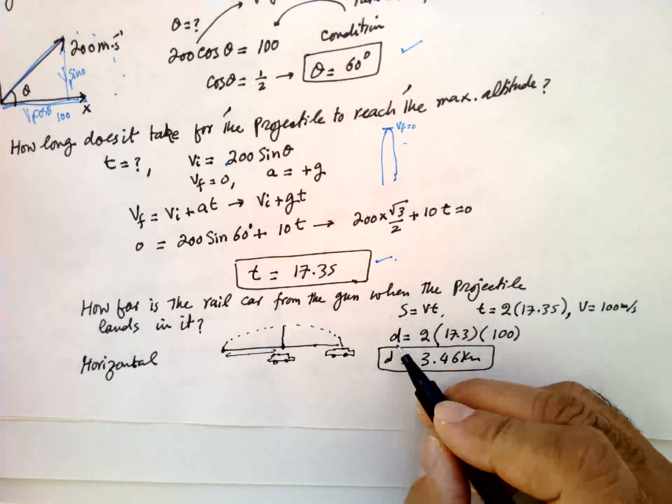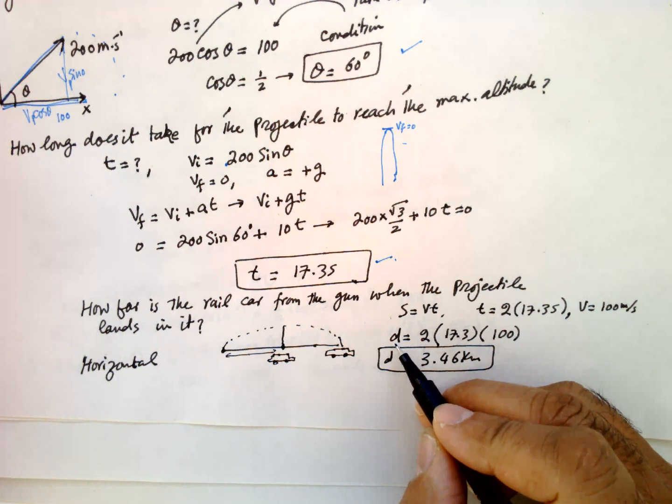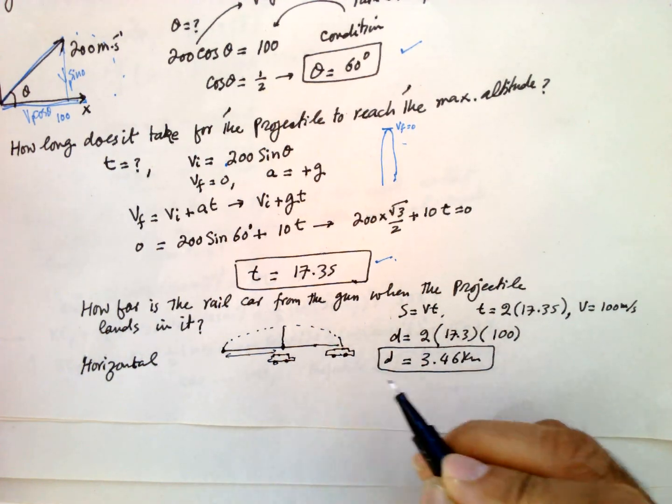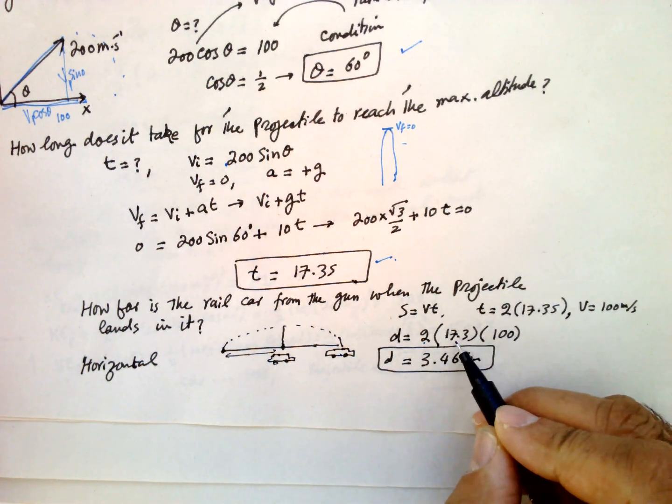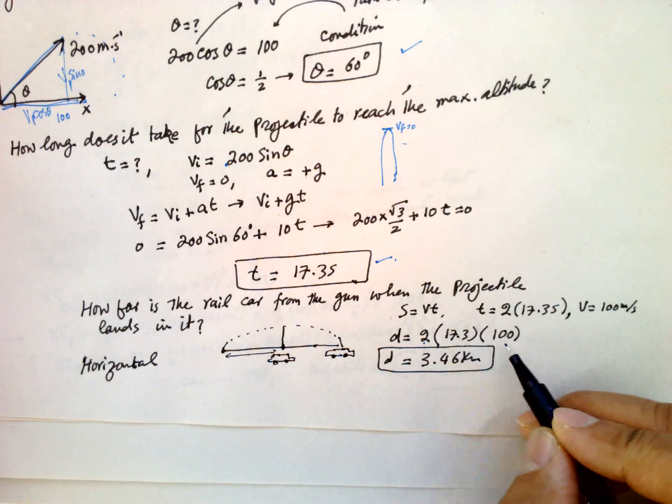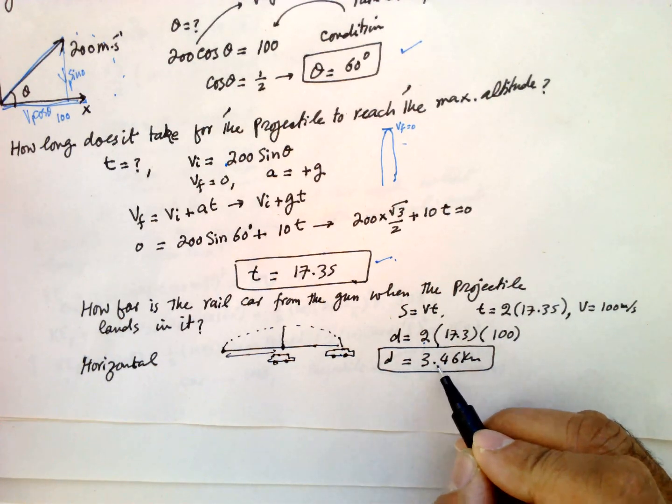So D is equal to 2 times time times speed, which is equal to 3.4 kilometers.